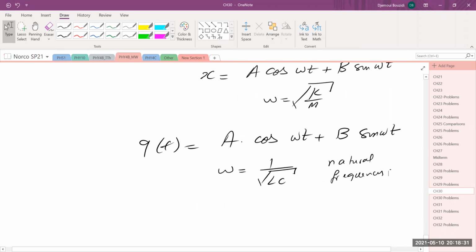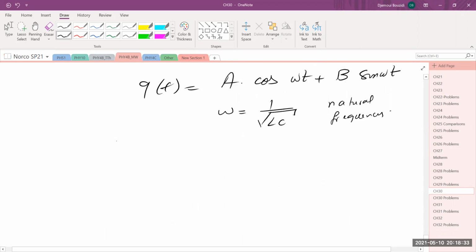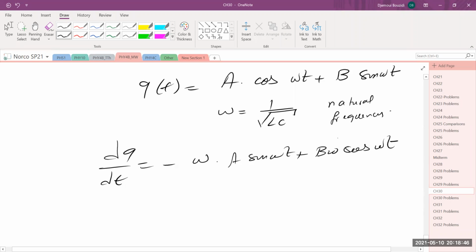So in other words, you just take the derivative. Here is the deal. Take dq over dt. It's going to be minus omega times a times sine of omega t plus b omega times cosine of omega t. All I did was take an omega out in here, and this is a chain rule. And the second derivative of q with respect to time is going to be a minus, and here I have an omega that's going to come out, so it's going to be omega squared times a.